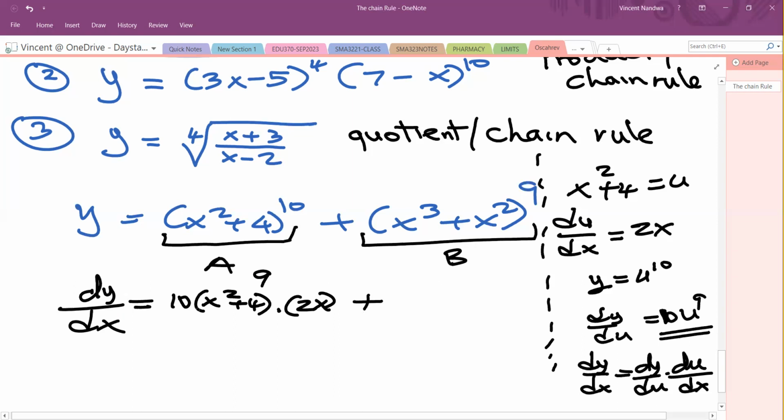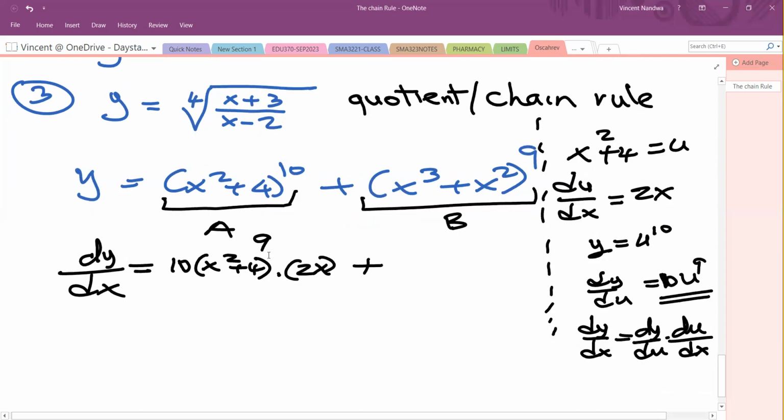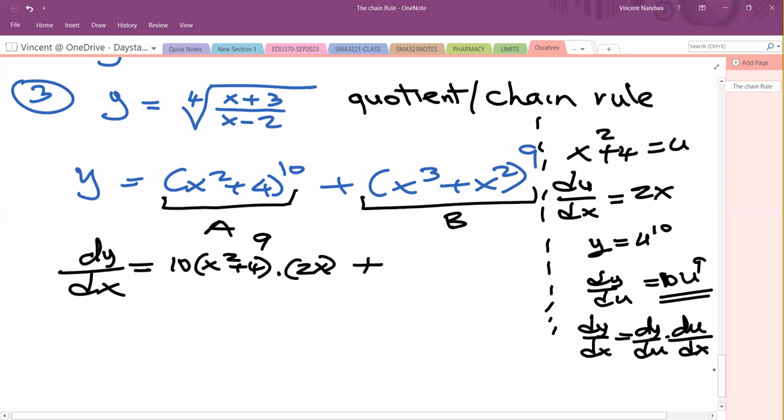Then I will simplify it further. Let's go to part B. Part B, u will be x cubed plus x squared.